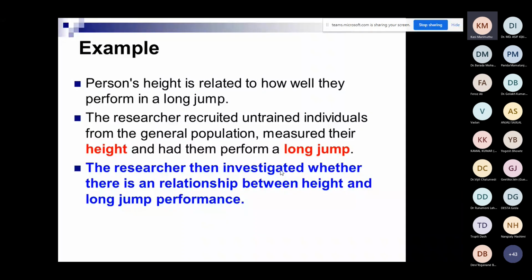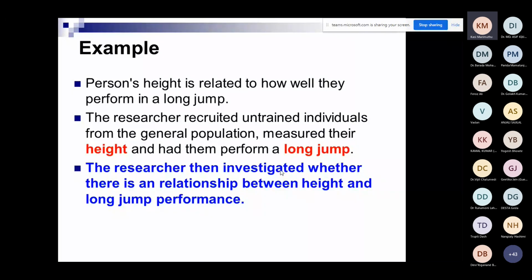They measured their height, and then asked them to perform a long jump, measuring the distance each candidate jumped. Then they investigated whether there is any relationship between height and long jump performance, whether height is advantageous for long jump performance.